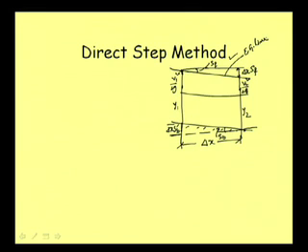Now if we write the relation between sections 1 and 2, if you see, this is a horizontal line and that is also a horizontal line. So this part, from here to here, is equal to from here to here.